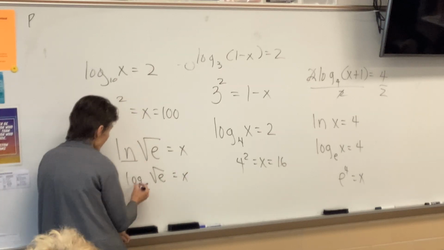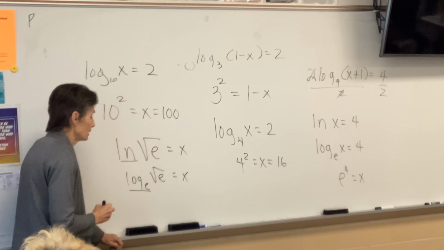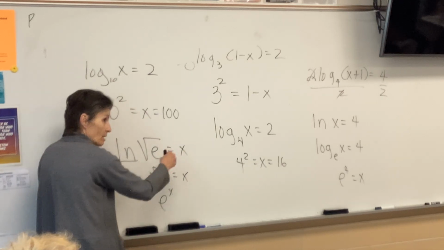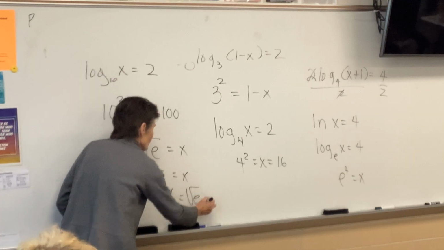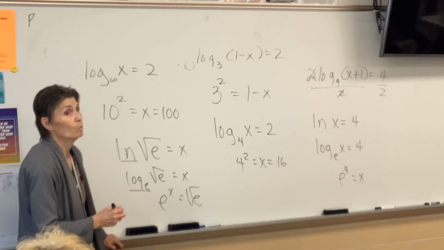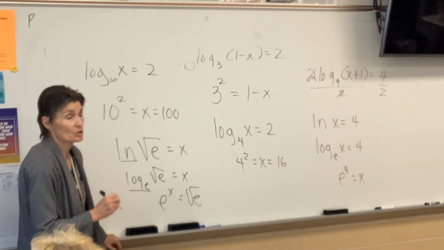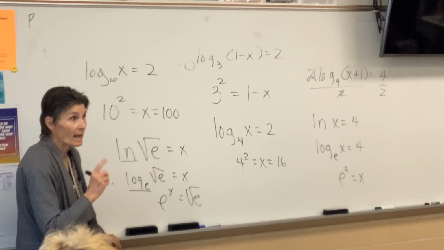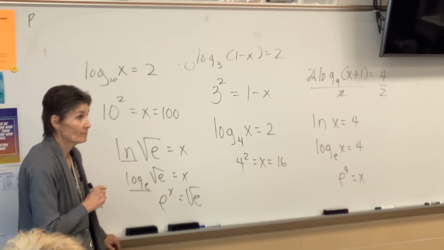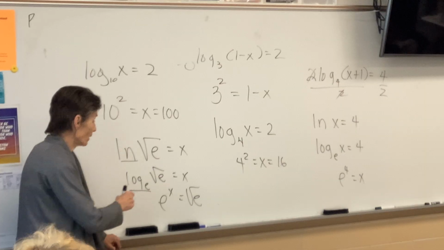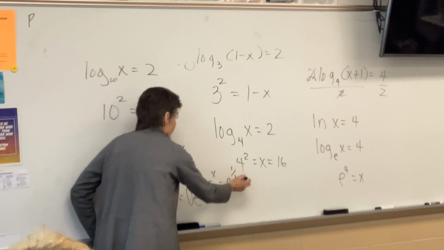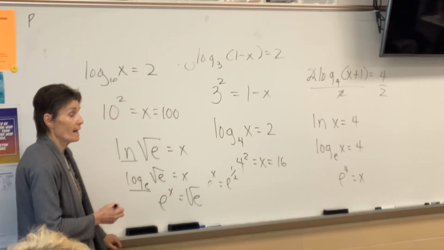All I did was change that into that, okay? e to some power x equals the square root of e. Isn't a square root a 1/2 power? So x equals 1/2. Square roots are 1/2 powers. So x equals 1/2.